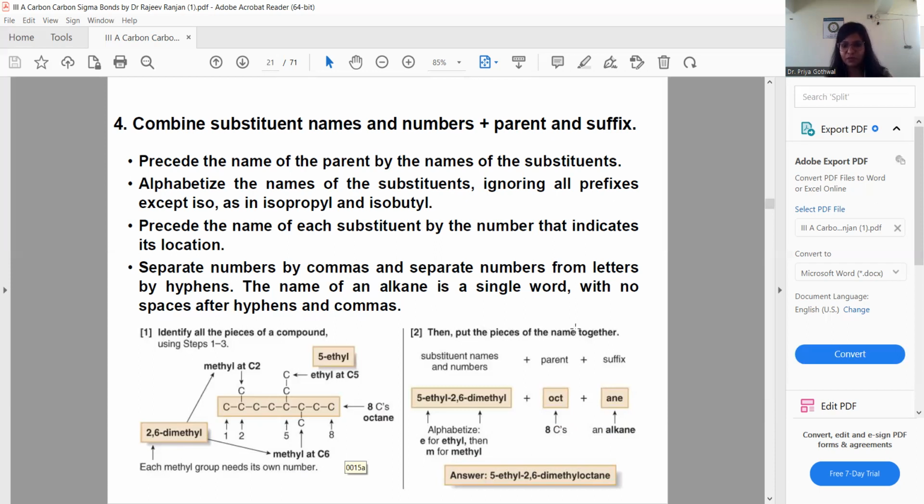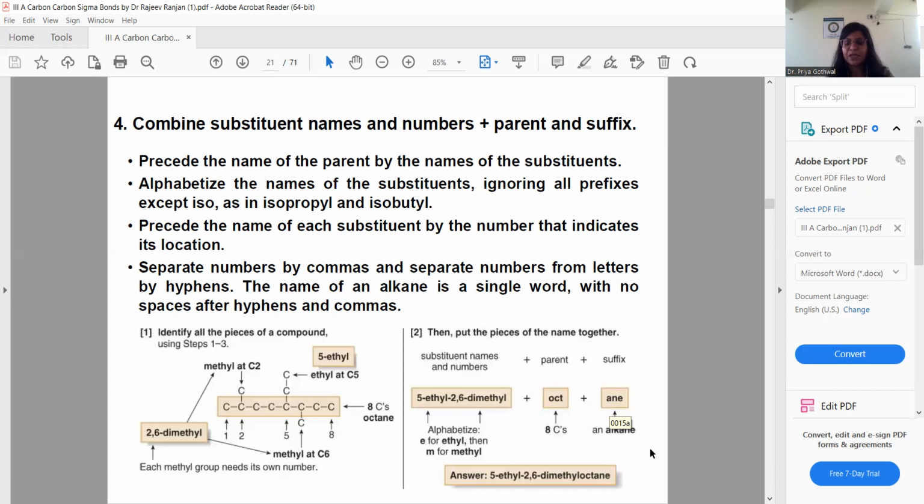Then put the pieces of the name together: 5-ethyl-2,6-dimethyl. Alphabetize E for ethyl, then M for methyl, plus oct. Oct denotes the number of carbon atoms: 8 carbon atoms present in the longest carbon chain.